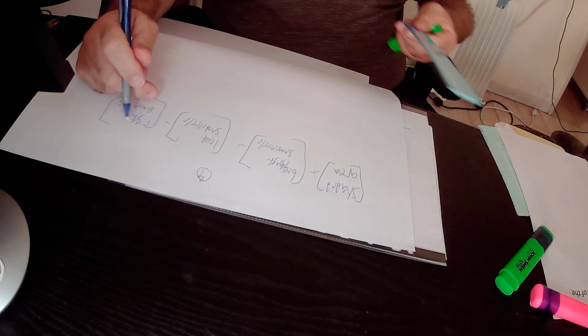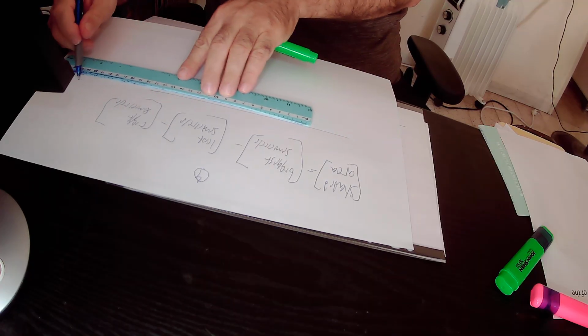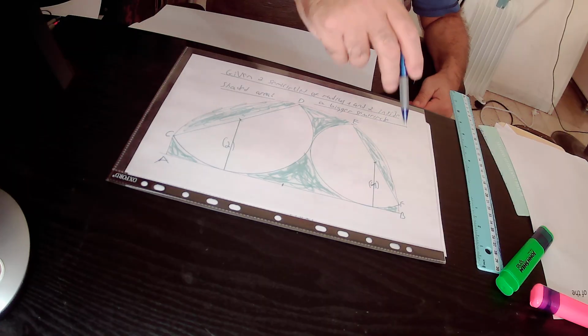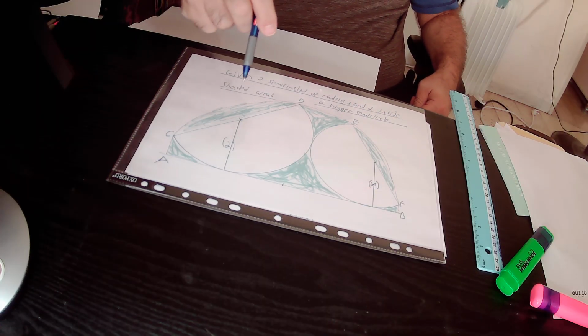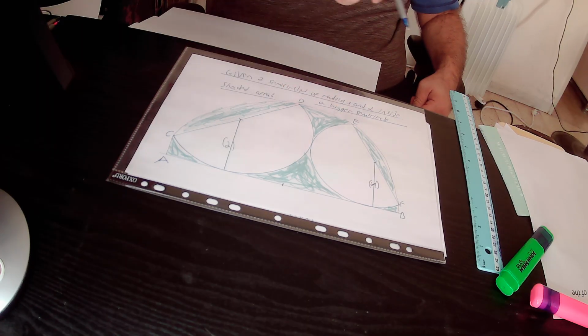And again, the size of the shaded area must equal the area of the biggest semicircle minus the area of this left semicircle minus the area of this right semicircle.